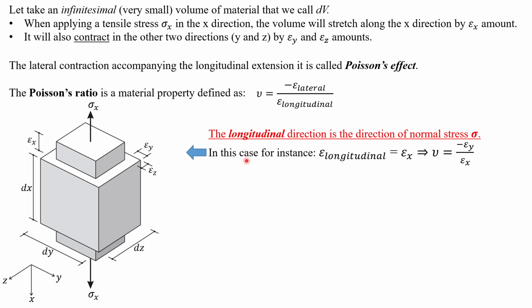Obviously that's going that way, so that'll be going that way, isn't it? It's fairly straightforward. Right? And so therefore, Poisson's ratio equals minus strain y divided by strain x.